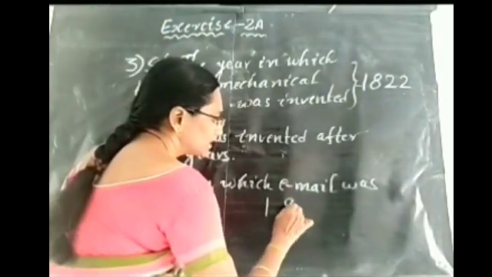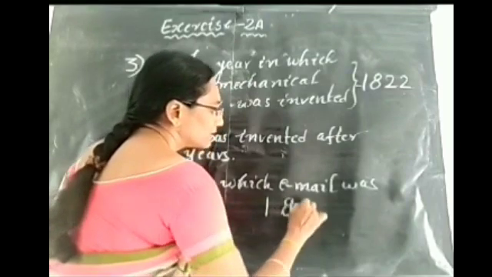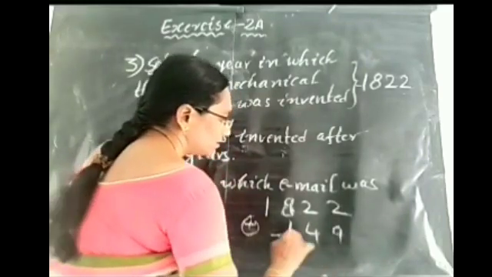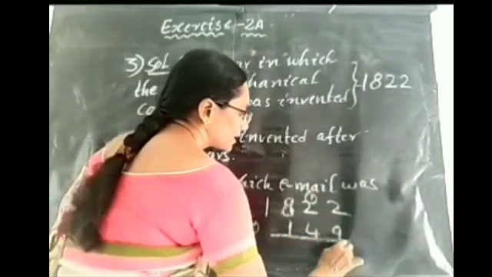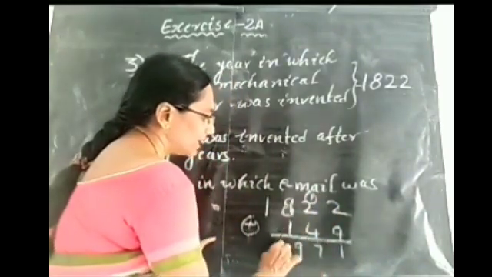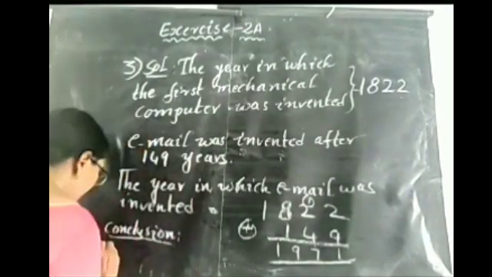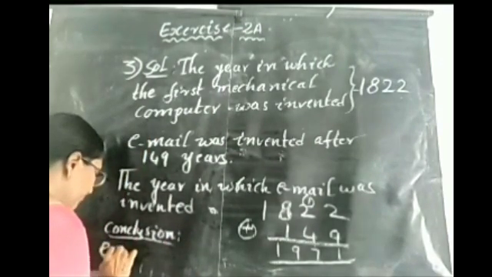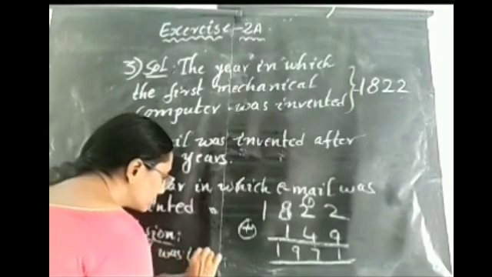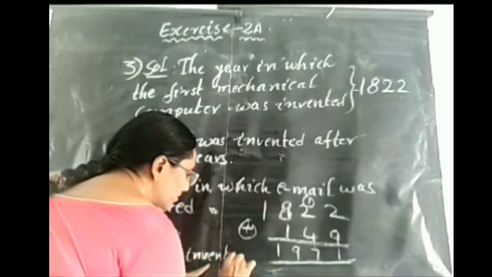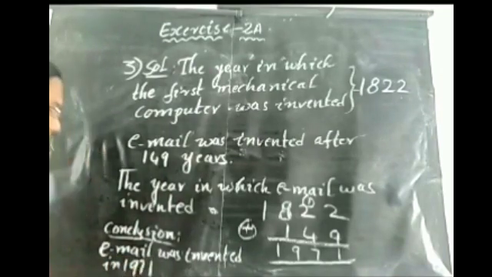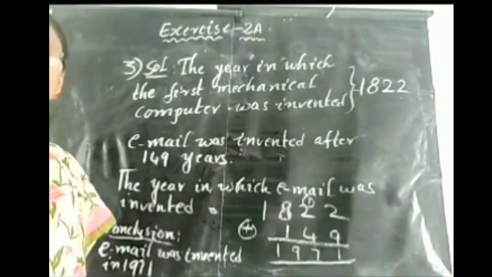We'll add 1822 and 149. 9 plus 2 is 11. 1 plus 2 is 3. 3 plus 4 is 7. 8 plus 1 is 9 and 1. Email was invented in 1971.